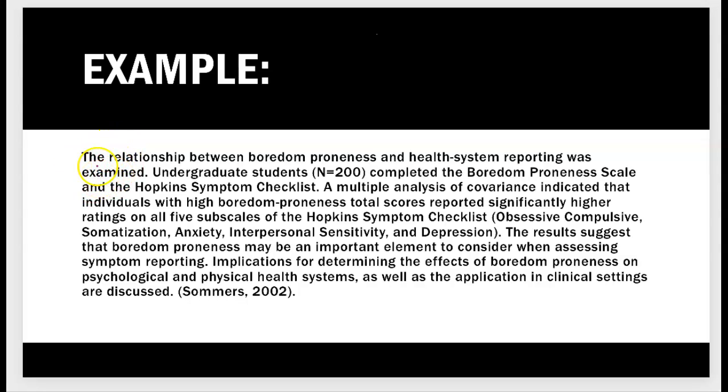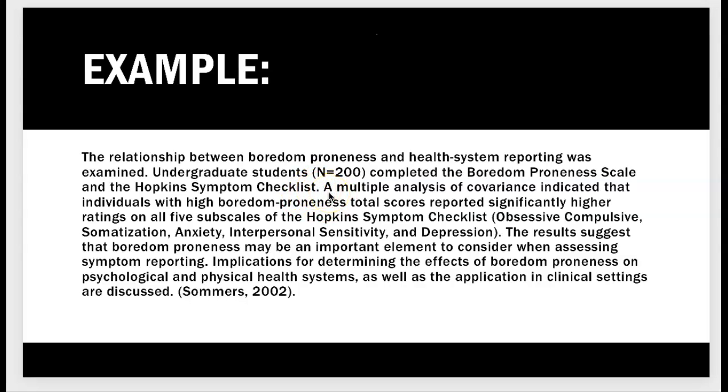That's kind of the essence of my study. Then you want to provide a description of the methods. My methods revolved around testing 200 undergraduate students based on this boredom proneness scale and the Hopkins checklist. So I have all these students completing this checklist.